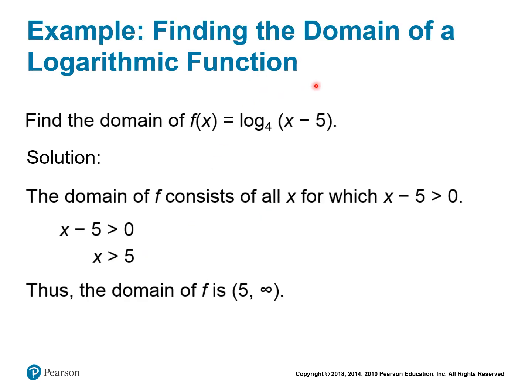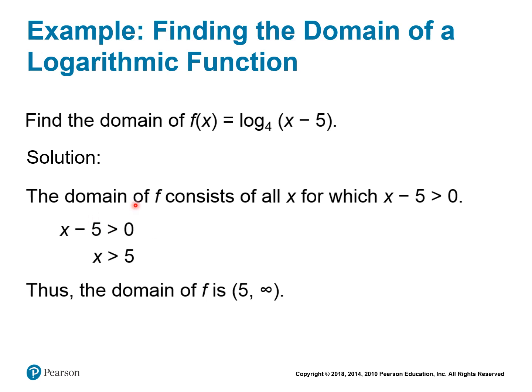This is an example of finding the domain of a logarithmic function for a specific given function. Find the domain of f of x equals log base 4 of x minus 5. To find the domain, all you do is take this x minus 5, make it greater than 0 and solve for x. When we solve x minus 5 greater than 0, we get x greater than 5, bringing the minus 5 over to the other side.